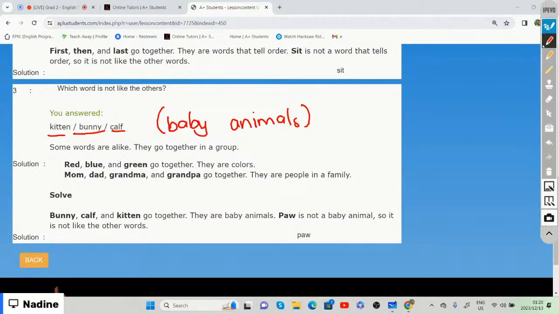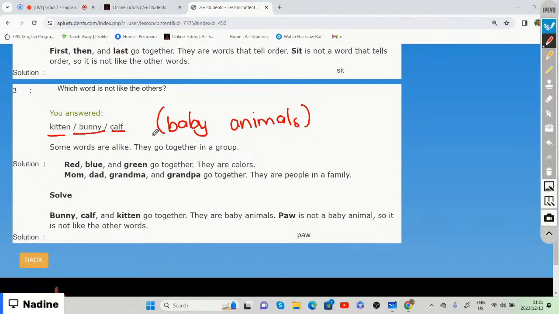And that is why we call them related words. So we have kitten, bunny, calf, and we call these baby animals.